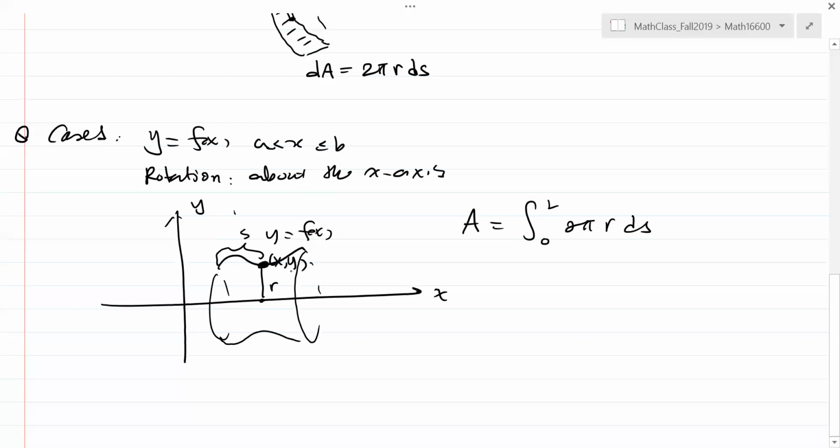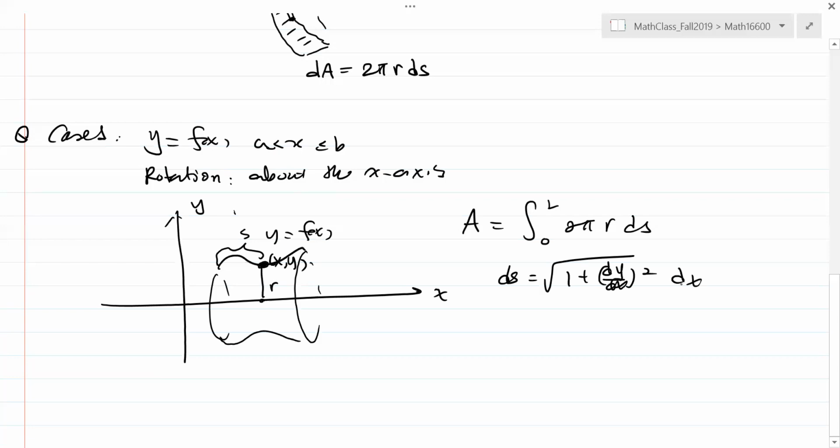Now, I want to see that this arc length s depends on x. It also depends on y. If y depends on x, then s depends on x. If x depends on y, then you can think s depends on y. But anyway, ds, if you want to use x, will be the square root of 1 plus (dy/dx) squared, times dx.